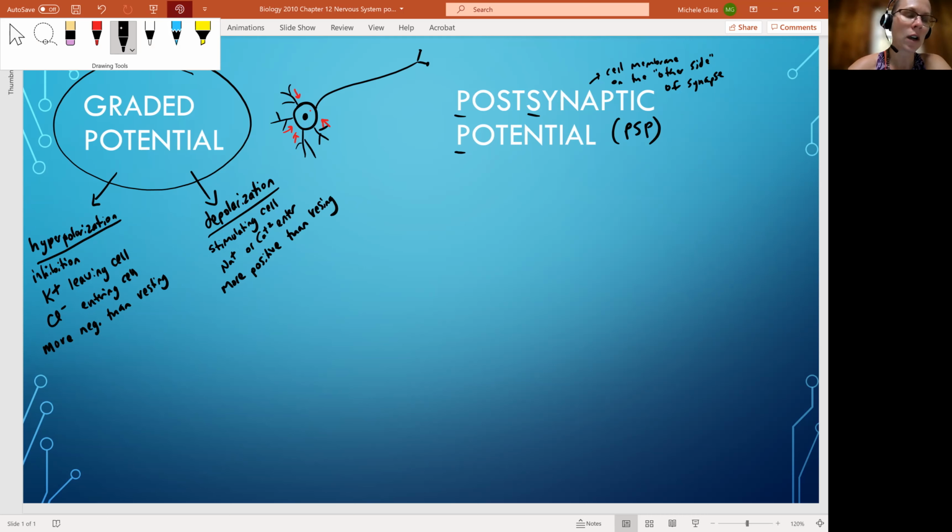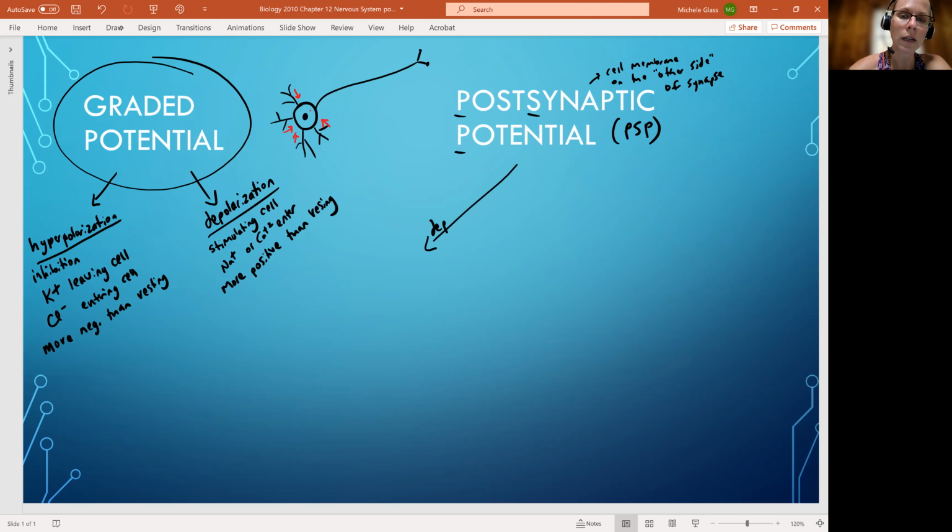If you are getting depolarization signals, then we call this an excitatory postsynaptic potential, EPSP.